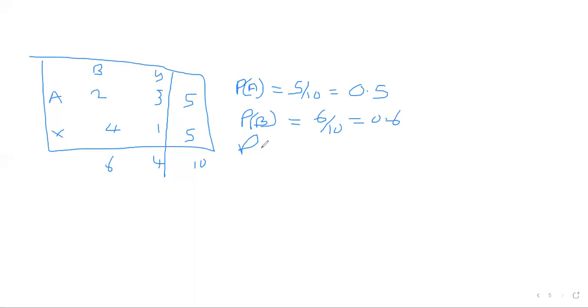About X, the total for X is 5 out of 10, which is 0.5. And the probability of Y is the total, which is 4 out of 10, which is 0.4.